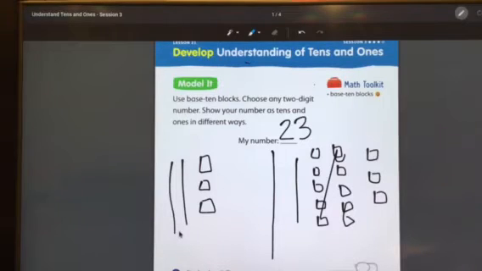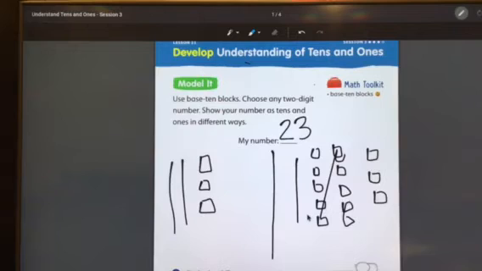So over here, 2 tens and 3 ones is 23. And when you count what you have over here, you have 1 ten and 1, 2, 3, 4, 5, 6, 7, 8, 9, 10, 11, 12, 13 ones.